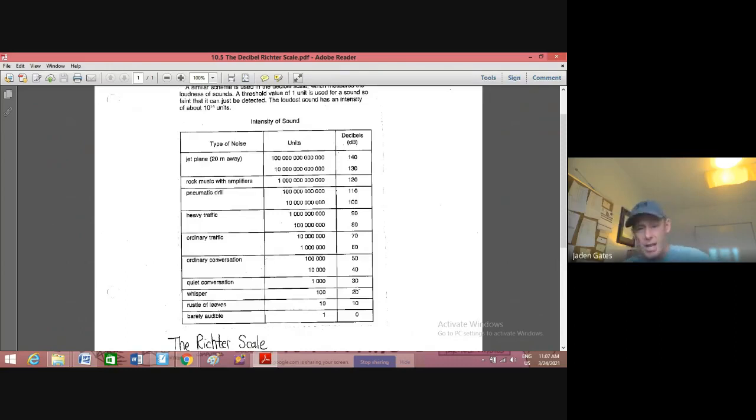Now, what you can see with a decibel scale is you've got barely audible, and it goes up and up and up. See how it's going up by tens? All right, and then you get to the upper echelon here of 140 decibels. Now, the reason we don't even go past 140 decibels, even though there is sound louder than that, is for us, it destroys your eardrum, blows your eardrum out.